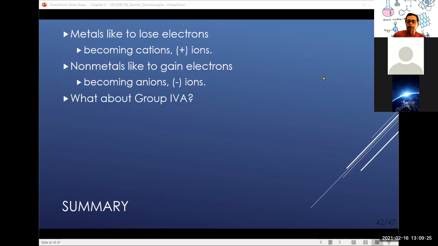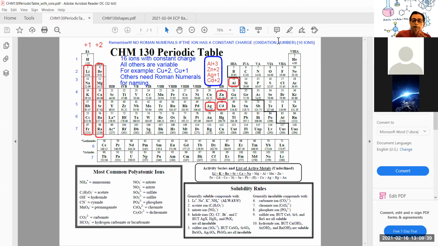So what about group 4? Well, group 4 is very special, and let me explain why. Group 4, which would be these folks right here, group 4A, have 4 valence electrons, all of them. Carbon, number 6, has 4 valence electrons. Silicon, number 14, 4 valence electrons.